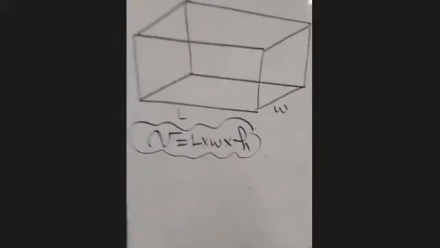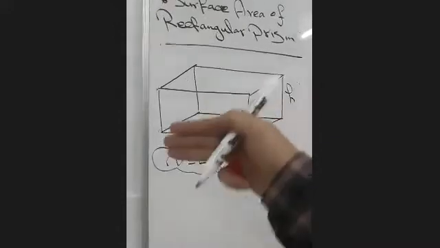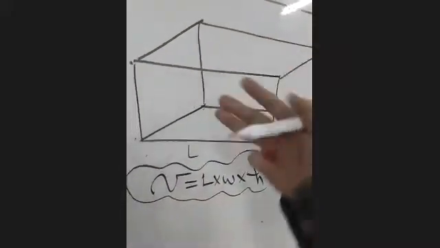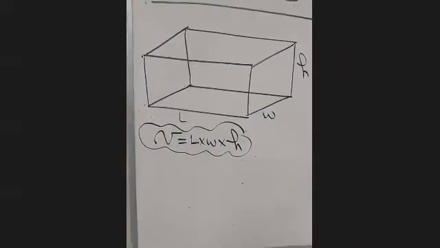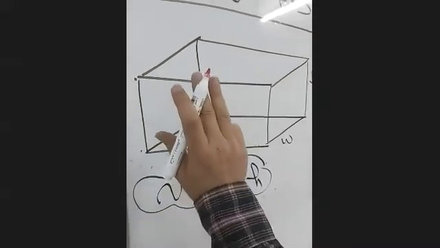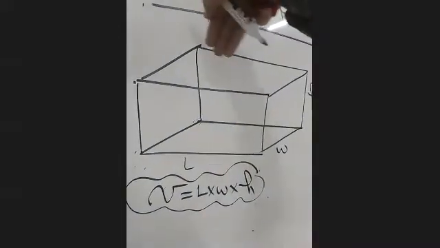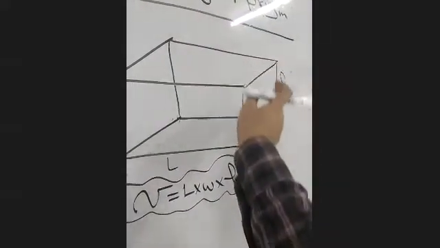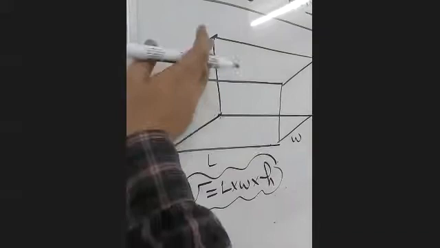Now, look here, guys. For this box, each opposite faces are equal. Meaning here in our room, the floor and the roof should be equal. If they are equal, then they have the same area. So this face here is congruent, or equal in area, to the face behind. This face here is congruent to this face here.